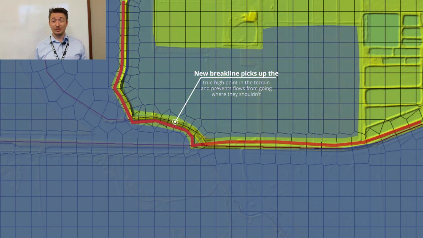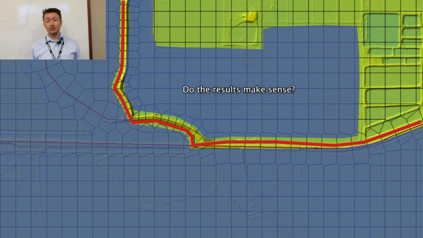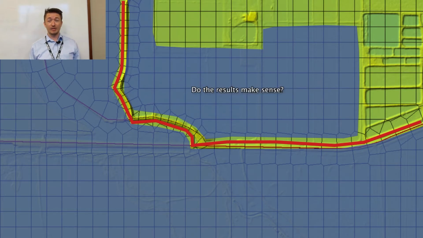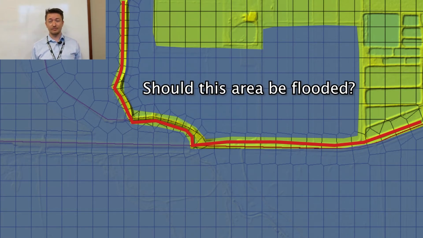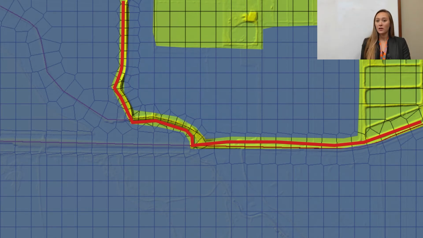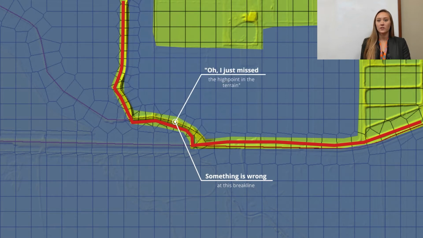As modelers, we need to be asking ourselves, do the results make sense to be showing flooding in an area beyond higher areas in the terrain? Absolutely. Critically examining your results and knowing the topography within the area of interest will help you identify areas of false flooding due to a bad or missing break line.